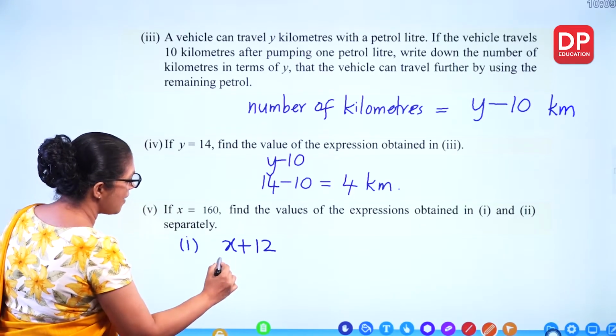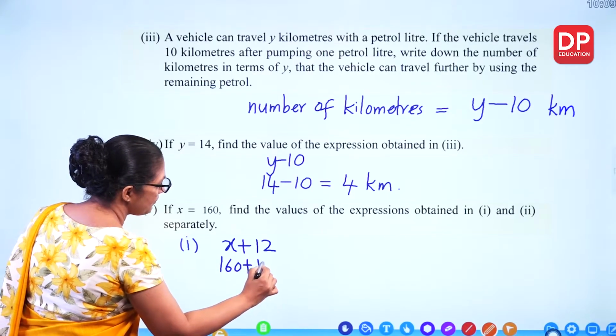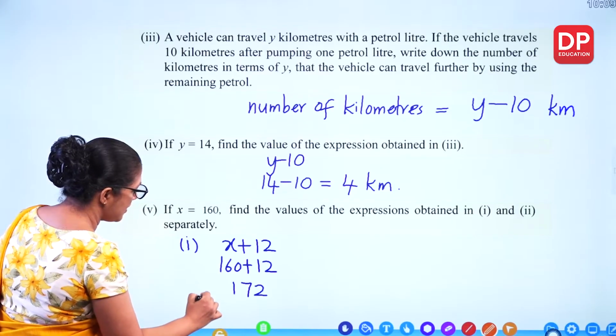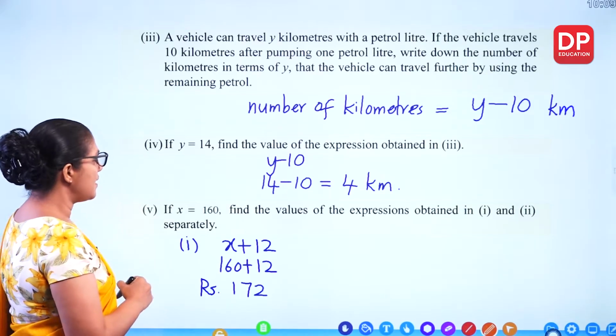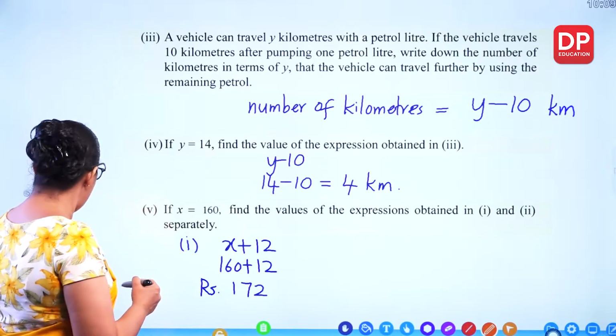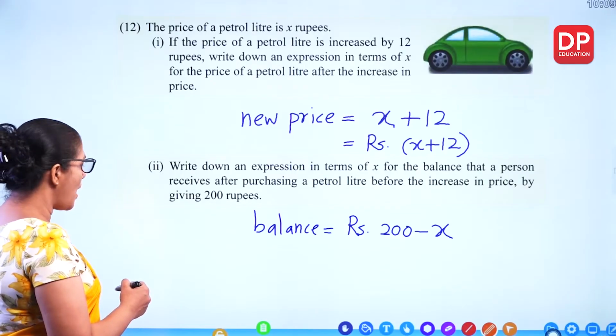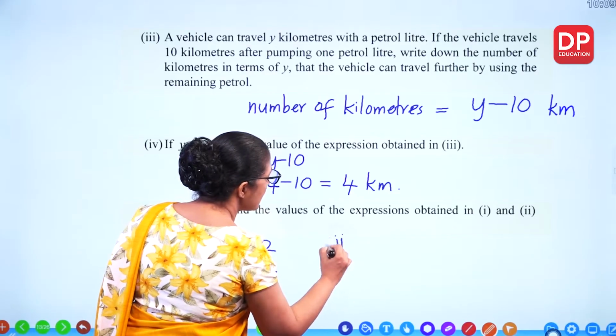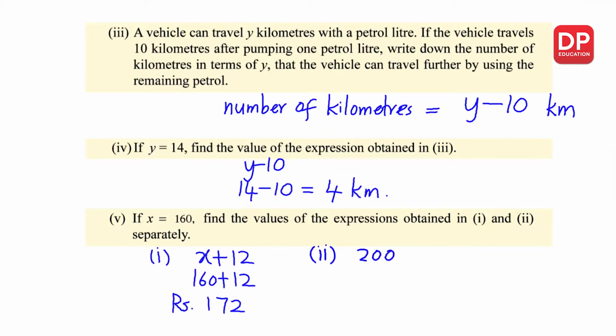If X equals 160, what's the new price? 172 rupees is the new price for the petrol. And the other one is the remaining balance, 200 minus X. If X equals 160, you get a balance of 40 rupees.